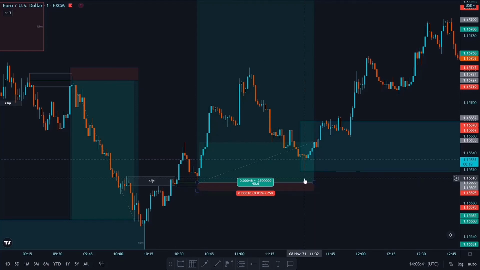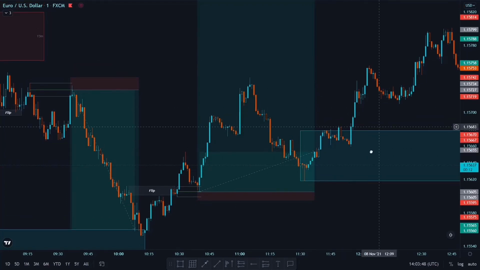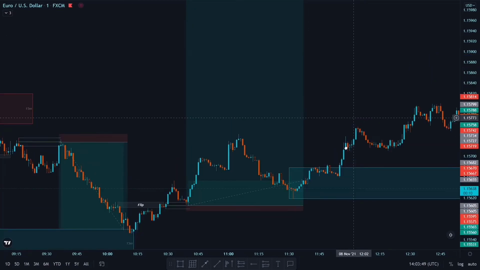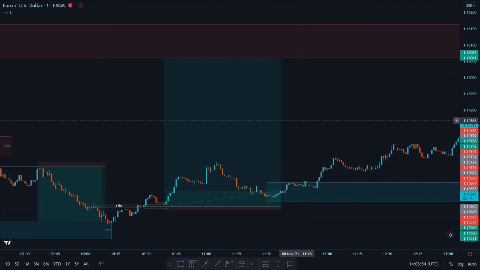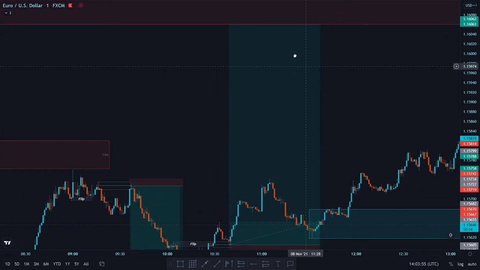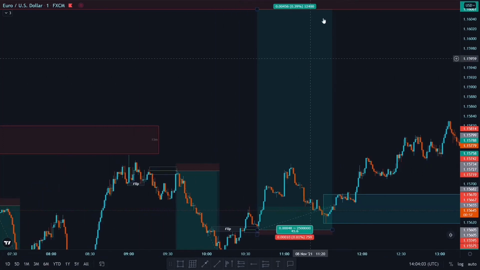So we just barely kept in this trade. I didn't drill my stop loss here because I was targeting this 4 hour supply zone, so I have to give it some more breathing room. So I just place my stop to break even and let this trade run to its full take profit.